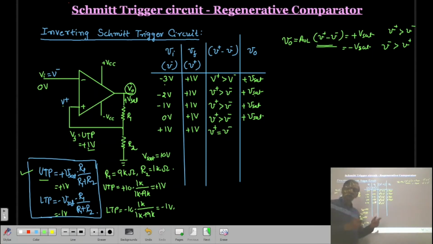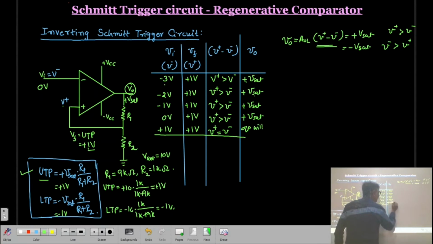Remember, this point is very important. Here in this case, the output will change from plus V saturation to minus V saturation.